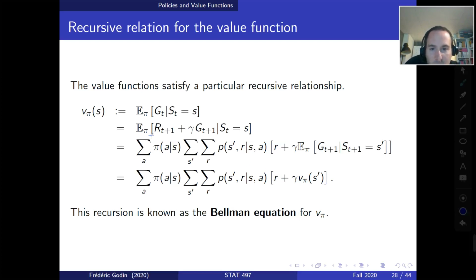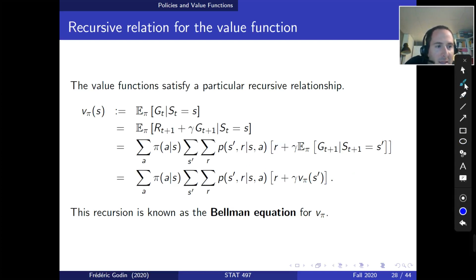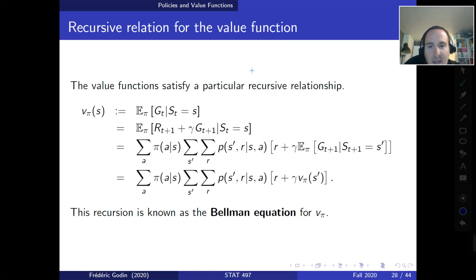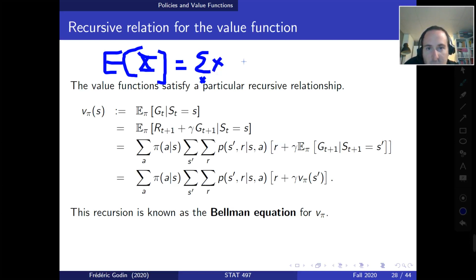Okay, so this formula looks complicated, but an expectation of X is simply the sum over possible values of a random variable X, of the values of X times the probability associated with this value.